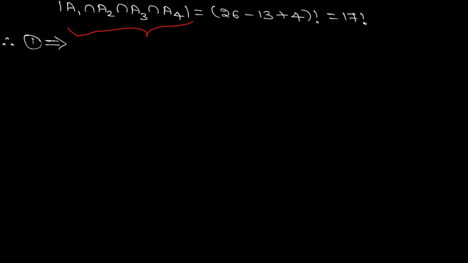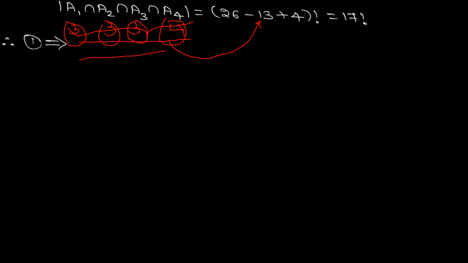When we go for all 4, 3 counts here, 3 counts here, 3 counts here and 4 counts here. 3 plus 3 plus 3 plus 4 will give you 13. That is why we have removed 13 and we have added 4, that is 1 block for each word, which counts for 4 symbols. So we have added 4 here.